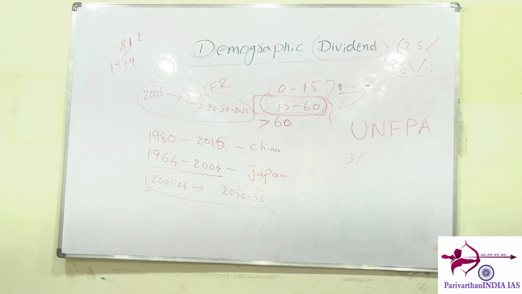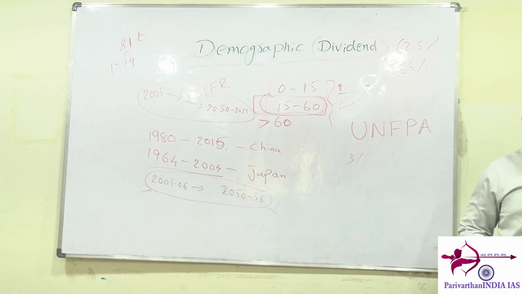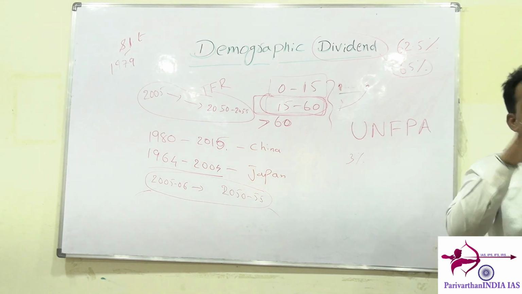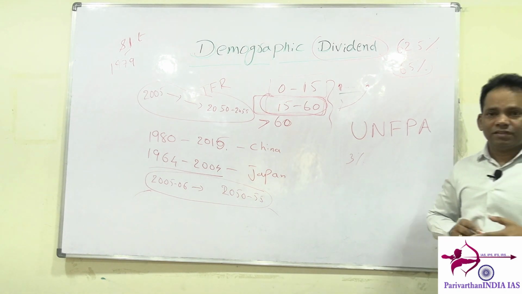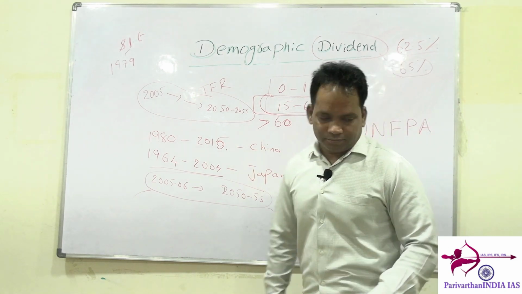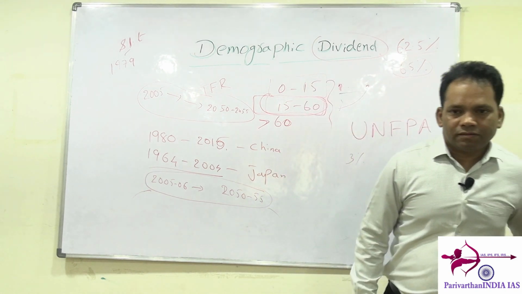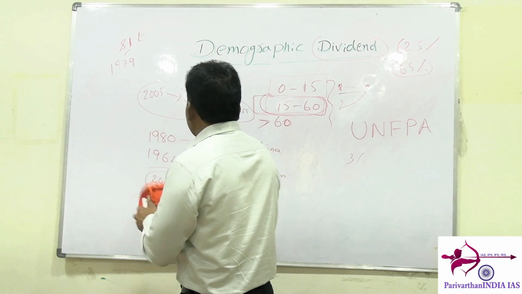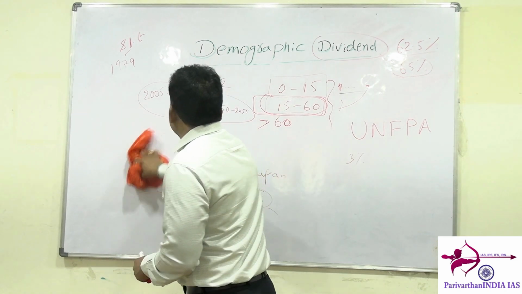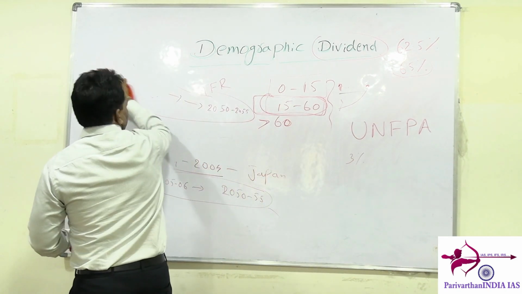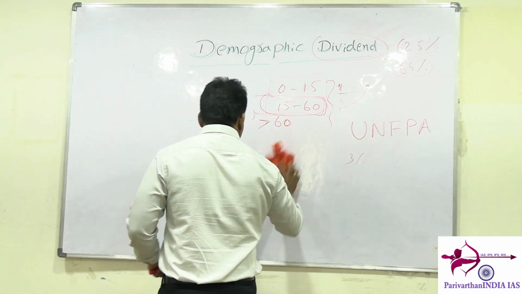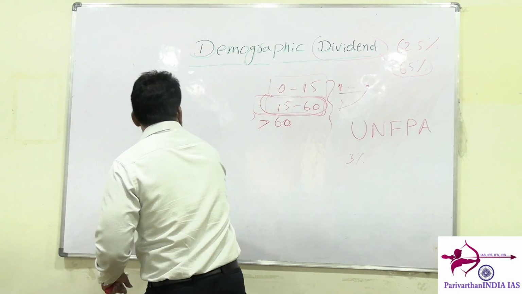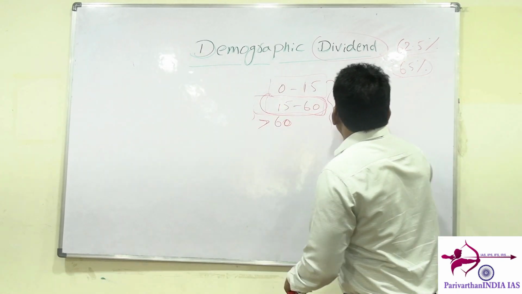In terms of numbers, the working age population in India at present is 90 crore.